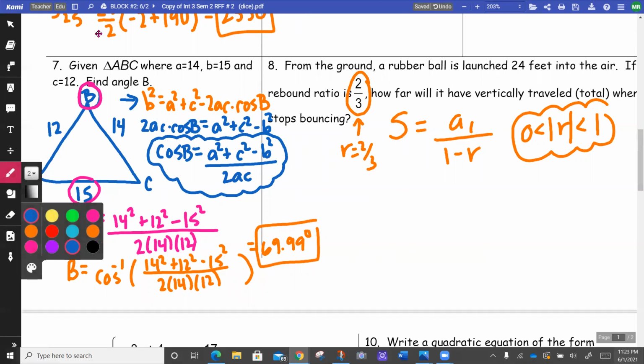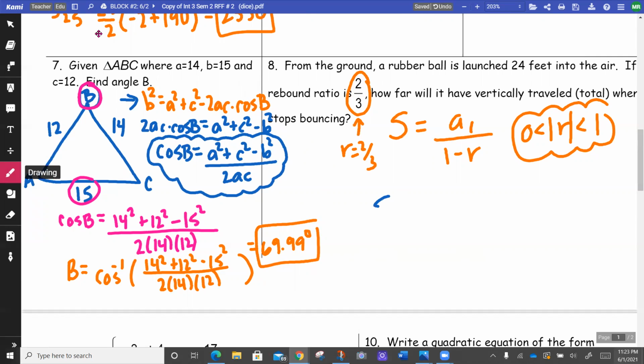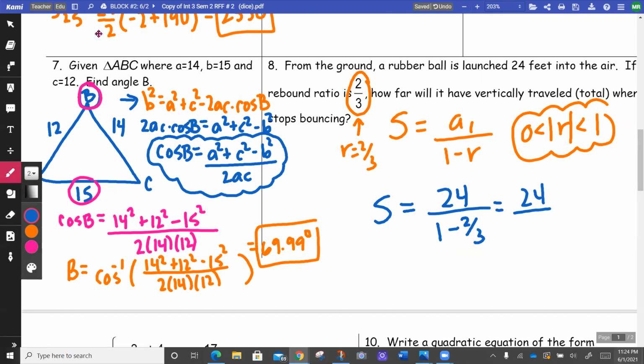So I am going to find my infinite sum. My A1 is going to be 24 over 1 minus 2/3. I can put this in my calculator, but this is going to be 24 over 1/3, which is 24 times 3, or 72.